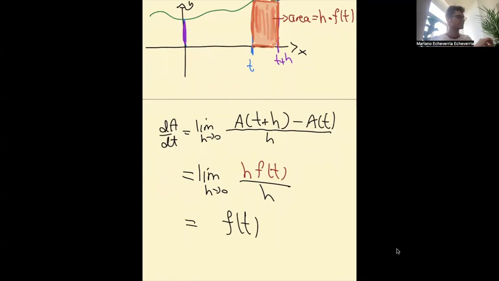Is that making sense? It is an elegant argument, and it takes a little bit of time to digest.